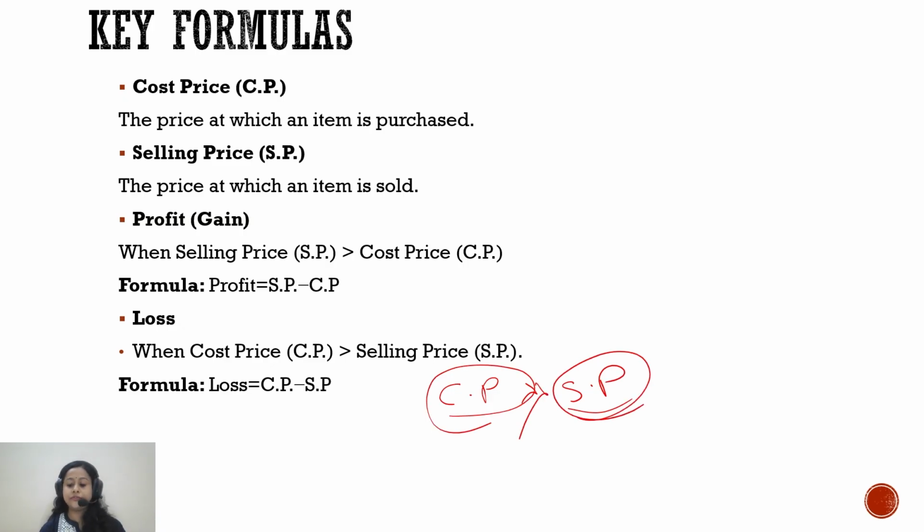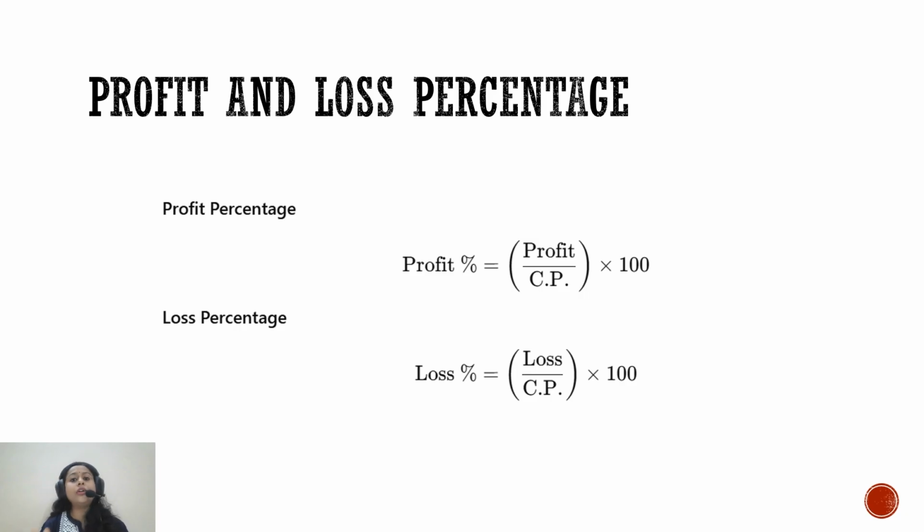Right? So we will also see here how profit percentage or loss percentage is calculated. As you can see, profit percentage will always be calculated out of cost price, not selling price, right? Out of the cost price, the price at which I have purchased the product, how much I have gained after selling the product.